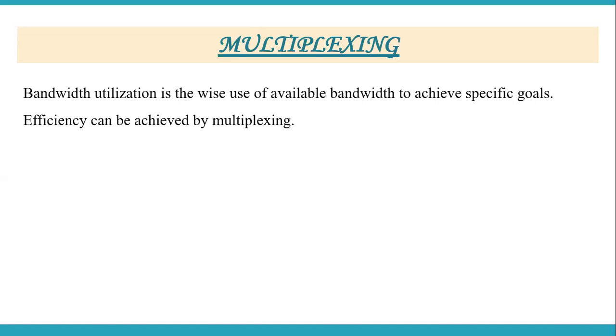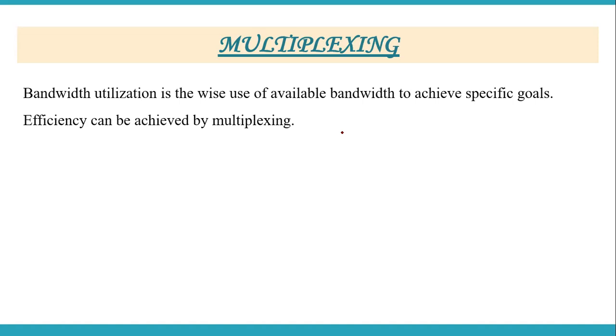So when we are able to use the bandwidth that is available to us in such a way that it is wisely used and our specific goals are achieved, that is your bandwidth utilization. And if we have to achieve the efficiency in this process, it is done by multiplexing.